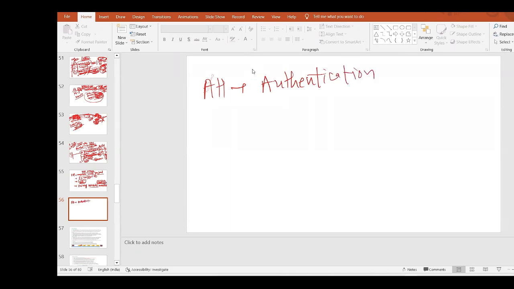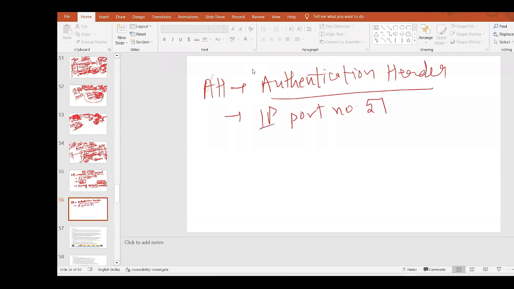Okay, it's a name. Just like ESP, Authentication Header is actually using IP port number 51. It's an IP port number, not TCP, not UDP, nothing. It's an IP protocol number, and it is also using an anti-replay mechanism.